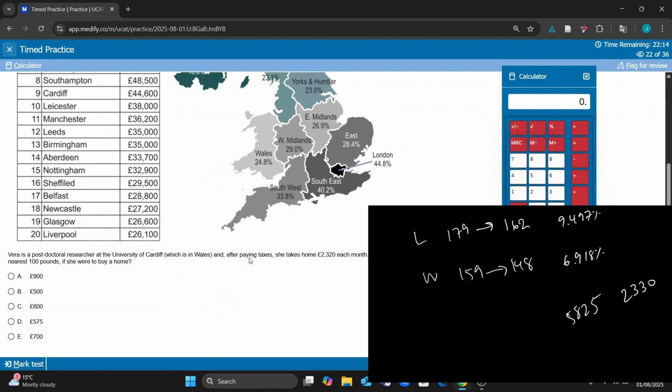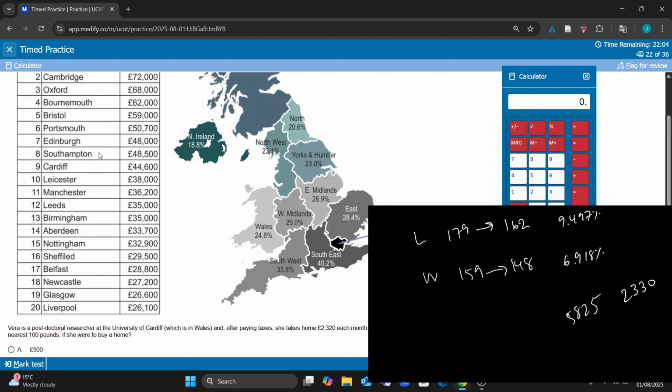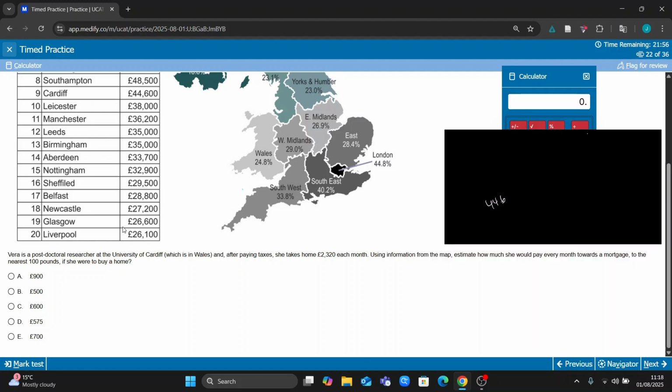Various postdoctorates. She takes home £3,320 each month. Estimate how much she would pay every month towards a mortgage to the nearest pound if she was to buy a home. So she's a postdoctorate in Cardiff. Cardiff is 44.6, and she takes home £3,320 each month.